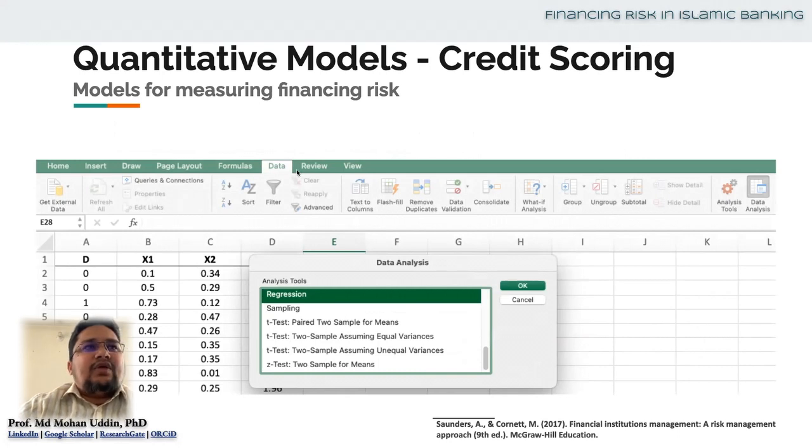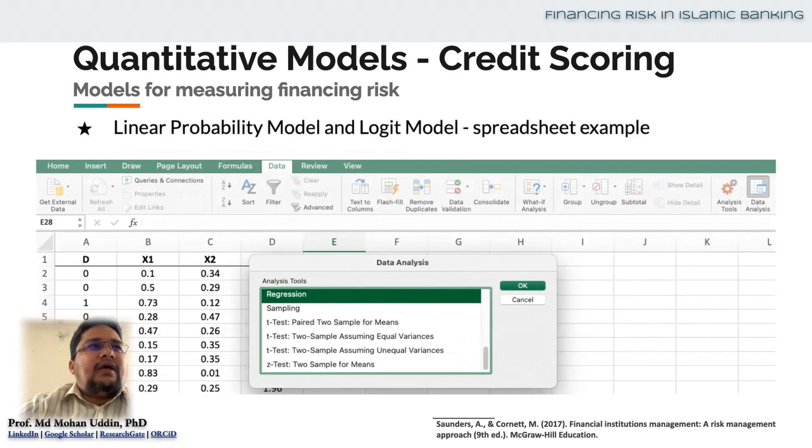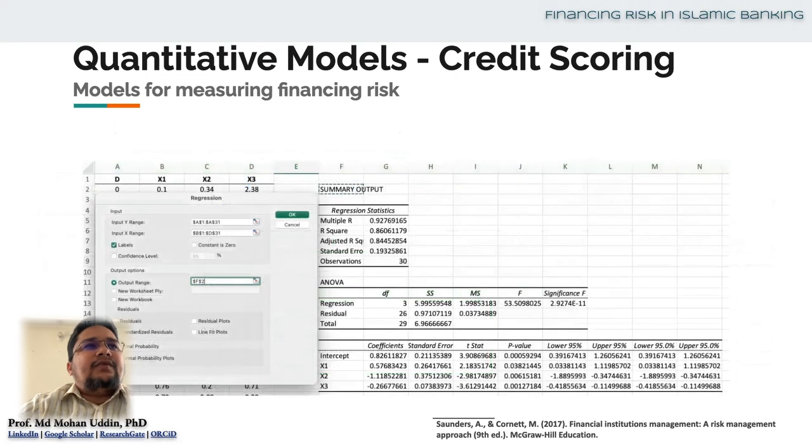So from Excel, we can go to data, then click data analysis. Then you will get a dialog box where we have the regression option. So we have to select the regression option, then click OK. After you do that, what will happen? You will get another dialog box to provide the input ranges.